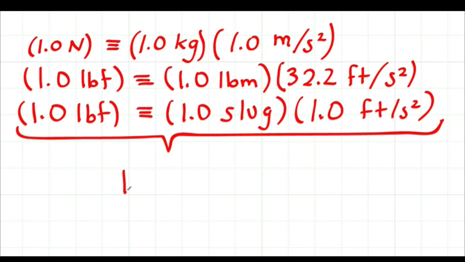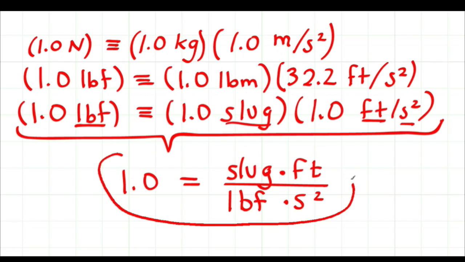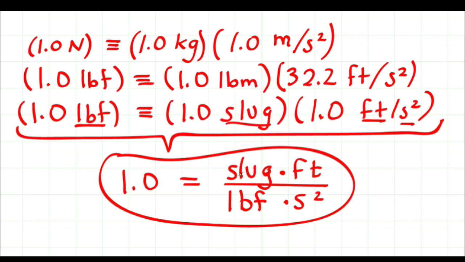So I have 1.0 equals slug times foot per second squared, and I bring pound force down to the denominator, pound force. So there's a third useful conversion ratio when I'm using my mass units in slugs.